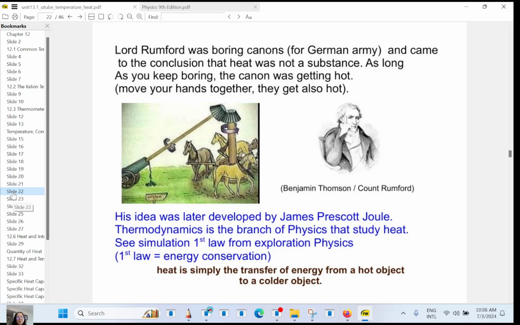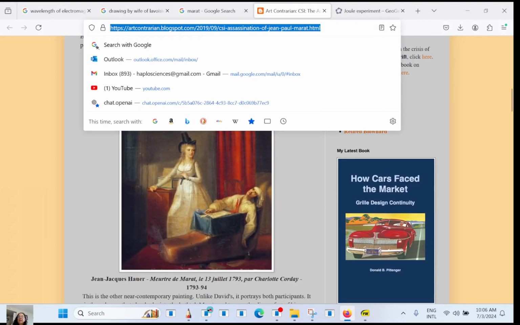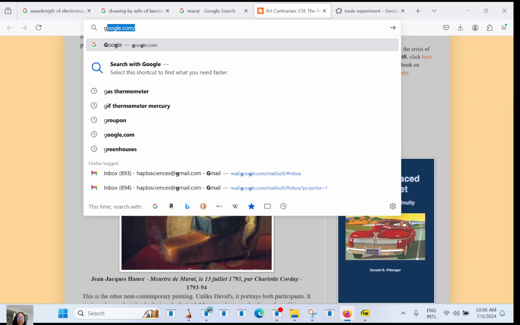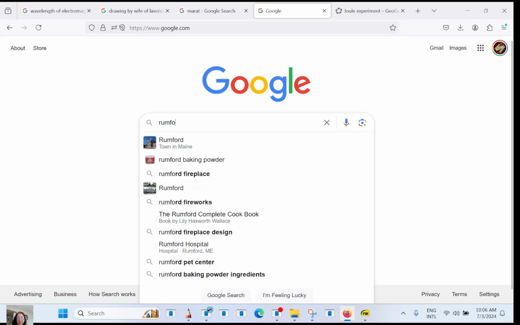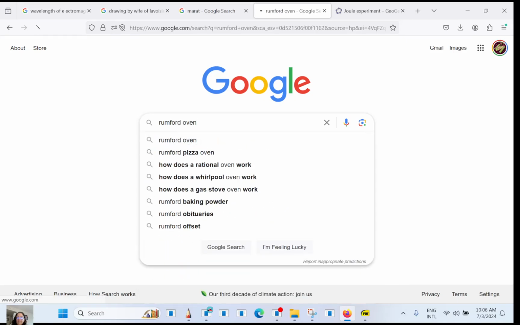And then he went to Germany, and he also made many inventions, like the Rumford oven. So he has a very interesting story. So I don't know if we can find his invention. I think it's called the Rumford oven.